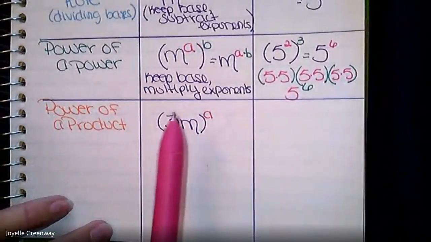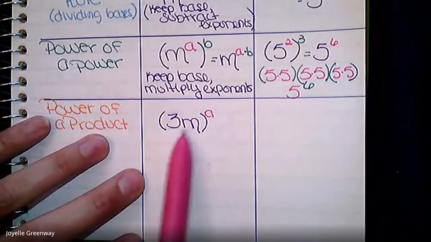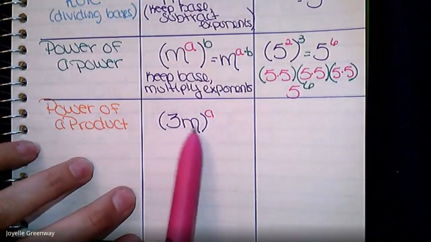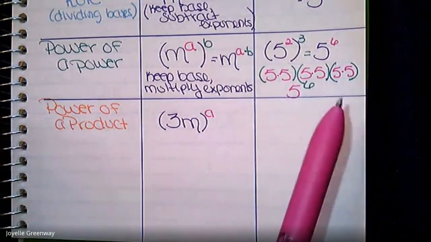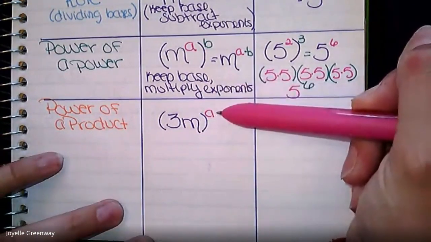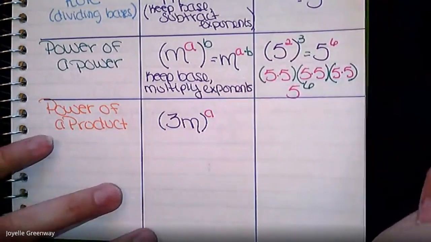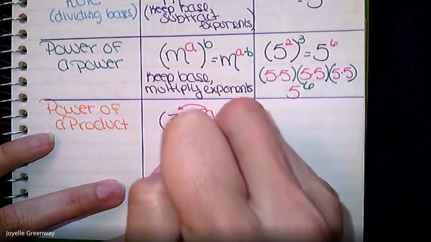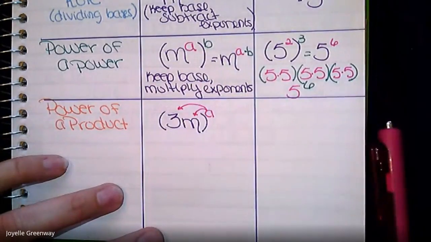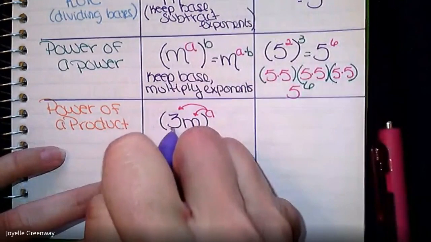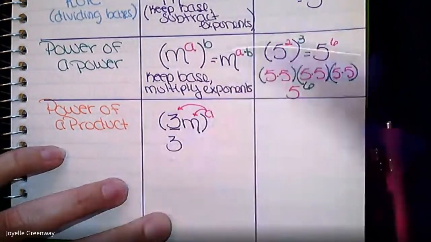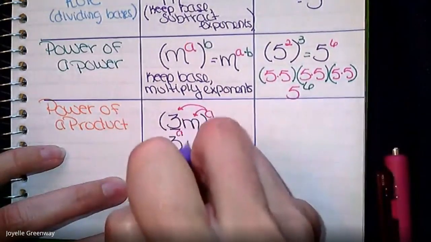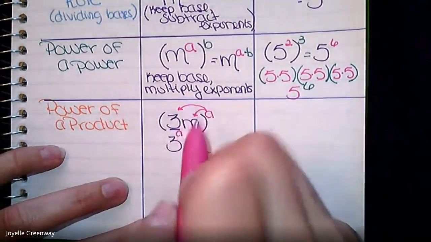What the power, and so it's a product because that means 3 times m, right? And that means I have 3 times m times 3 times m times 3 times m, however many times your exponent is. So what you have to do is distribute that exponent to both the terms. So 3 to the a, and then m to the a.